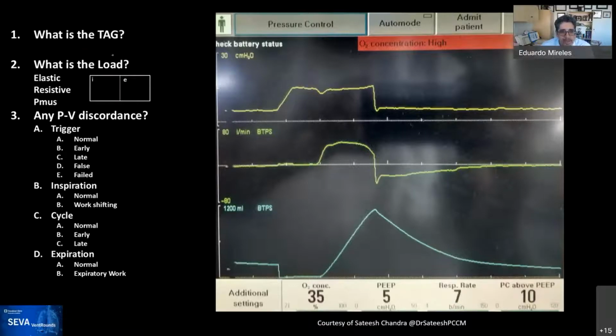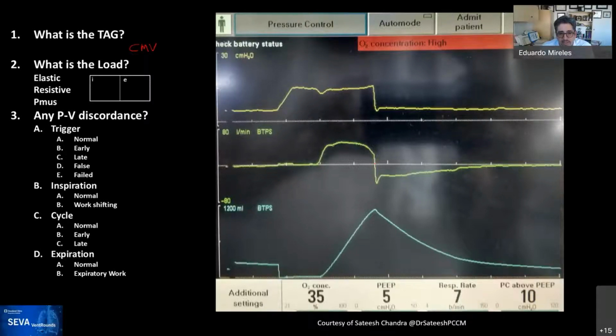So what's the tag? Let's take a look at this for a second. This is an interesting waveform. It says pressure control, and it's auto mode, and you have a breath that is triggered by the machine, so that immediately makes it a CMV. And we see the pressure is controlled throughout the breath, actually.